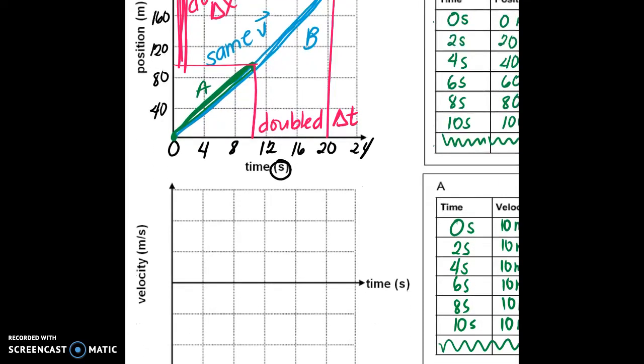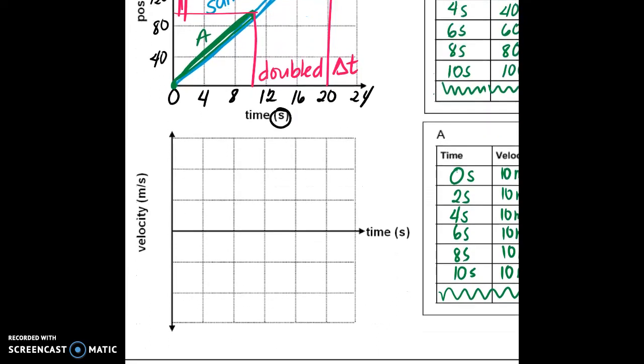Okay, so when we make our velocity time graphs, we want to make sure that we keep the intervals the same. So we'll go 4, 8, 12, 16, 20, 24 to match. And we can go 5, 10, 15.